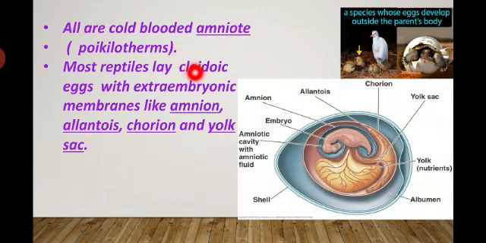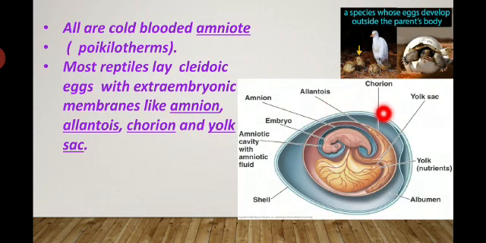Okay, most reptiles lay cleidoic eggs, with extra-embryonic membranes like the amnion, allantois, chorion, and yolk sac. So these are all the layers present in their egg. What are all the layers?